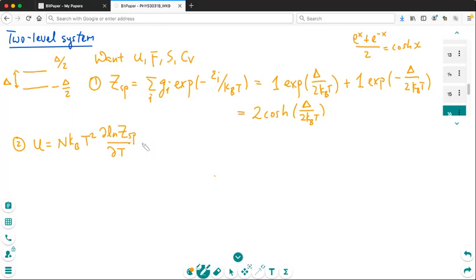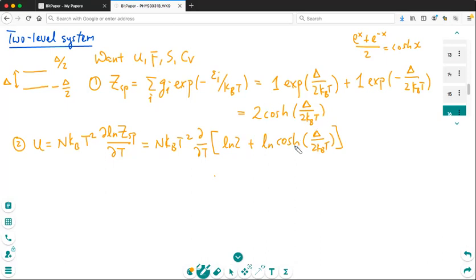I don't know how much I should write. I would just write a bit more. I take the log of this, so I have log 2 plus log of cosh. And this constant term will be gone.